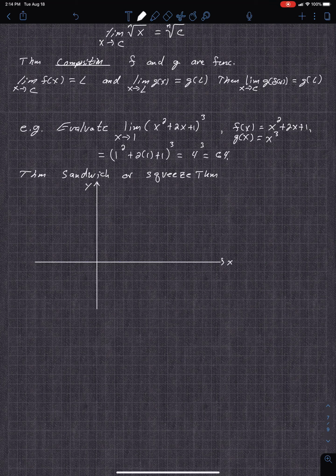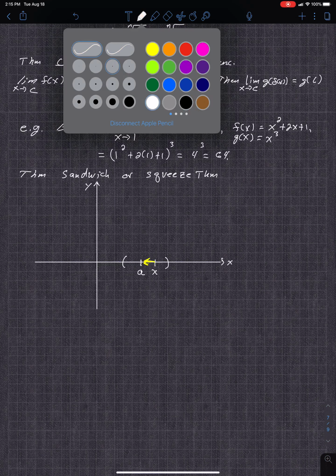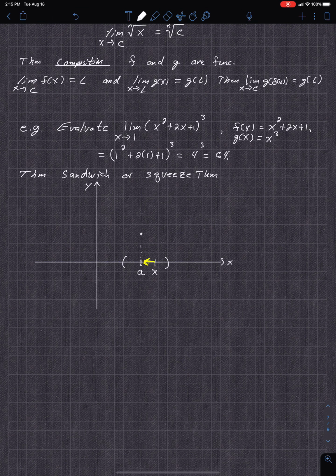So suppose you have some interval, and here's your A, and your x value, arbitrary, inside some open interval, is approaching A. We don't know what that value is, actually. So you have some function below, and it might be doing something like this.